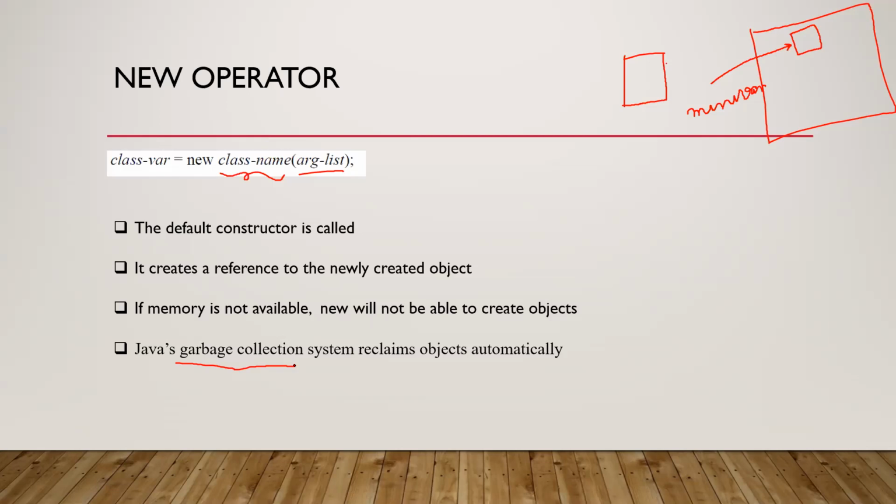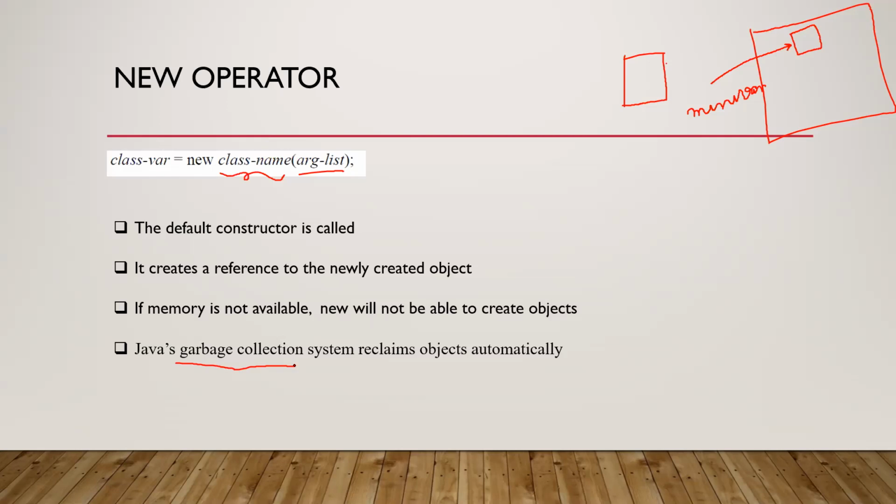What happens is that Java has a process. I am not going into a lot of details, but I'm just trying to give you an overall idea. Java has a background process. You may have heard about them in Unix, where they are called daemons. They are always in a listening mode, always watching what is going on.